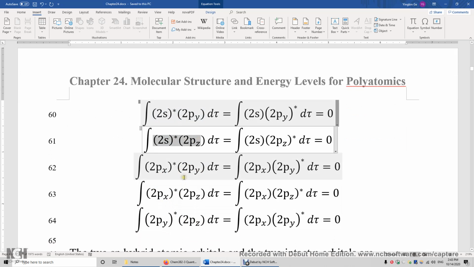All these are orthogonal to each other. However, it's not necessarily true that a 2s orbital on one carbon is orthogonal to a 2pz orbital on another carbon. But on the same carbon, the 2s orbital and the 2pz orbital are always orthogonal to each other.